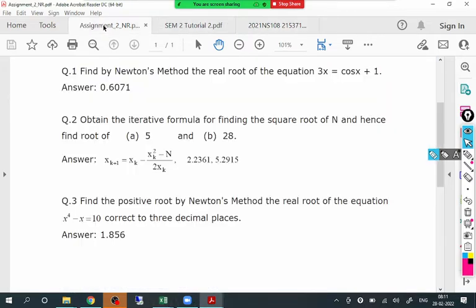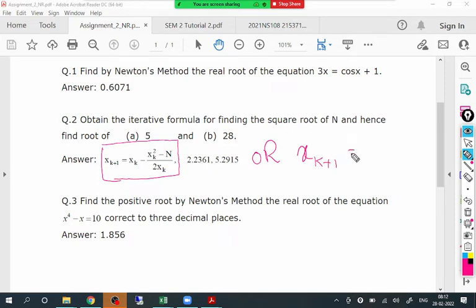I have not given the simplified version here, but you will observe 2x(k) square minus x(k) square becomes x(k) square, and minus minus becomes plus N. So you can keep whatever is written here as the iteration formula, or when simplified, the iteration formula should look like this: x(k+1) is equal to x(k) square plus N upon 2x(k).